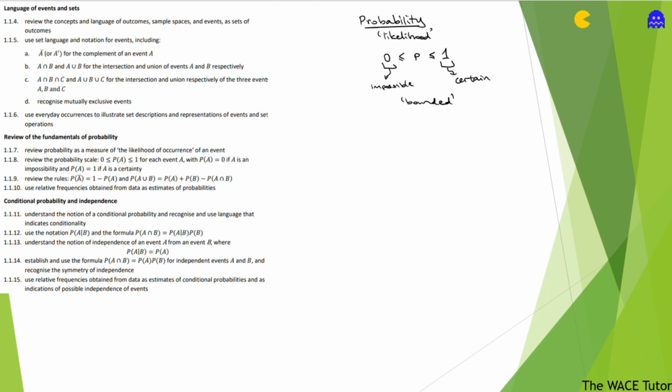Because we've defined a probability as bounded by 0 and 1, we can come to a mathematical definition of what a complement is.